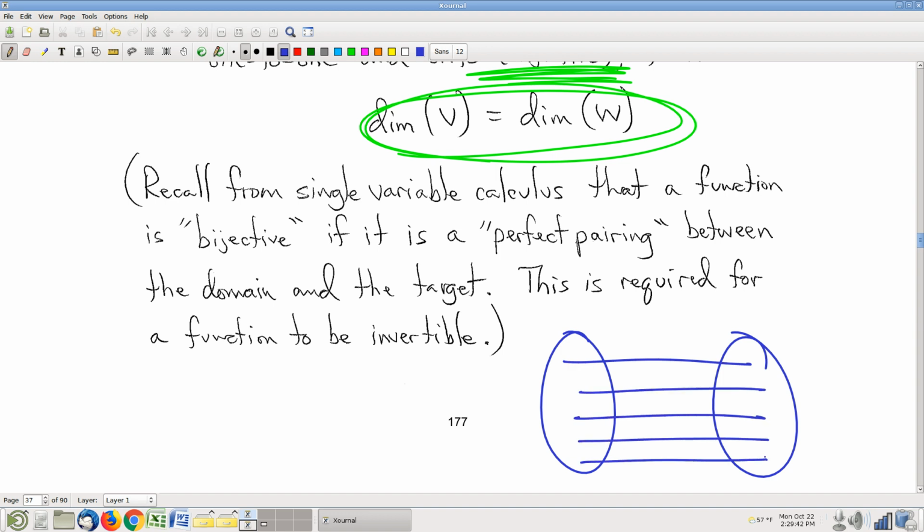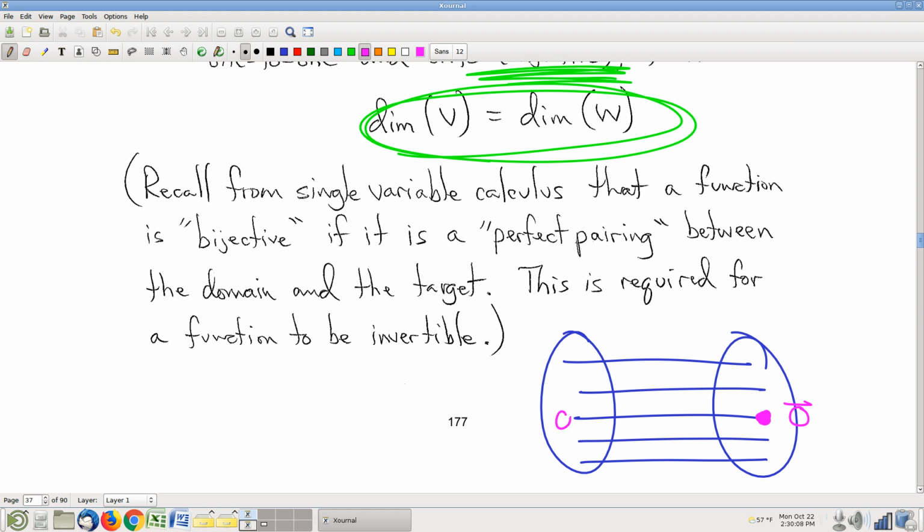The function goes straight across like that. For every output, there's exactly one input. Let's think about what are the kernel and the image of such a function. Well, if that's the 0 vector, what is the collection of vectors over here in the domain that land on the 0 vector? Well, there's going to be just one of them. It's just the 0 vector.